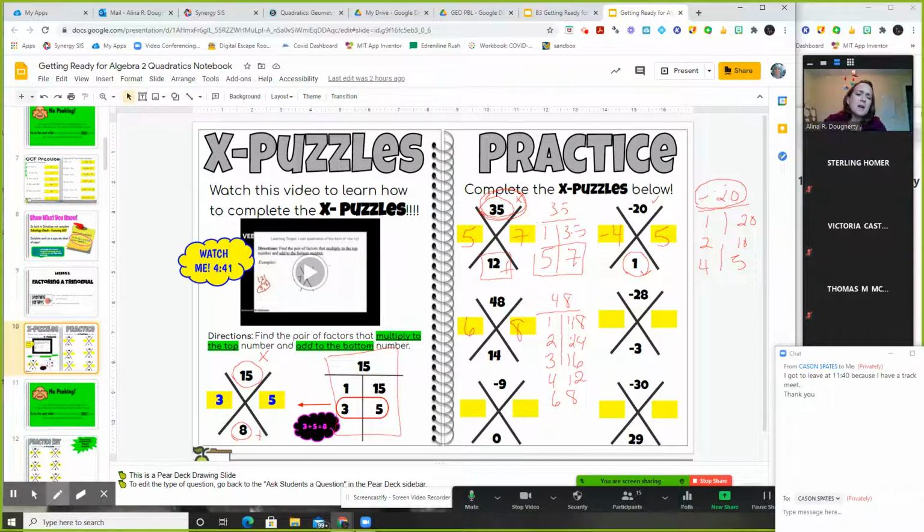What about the negative 28 and the 3? So negative 28 and negative 3.